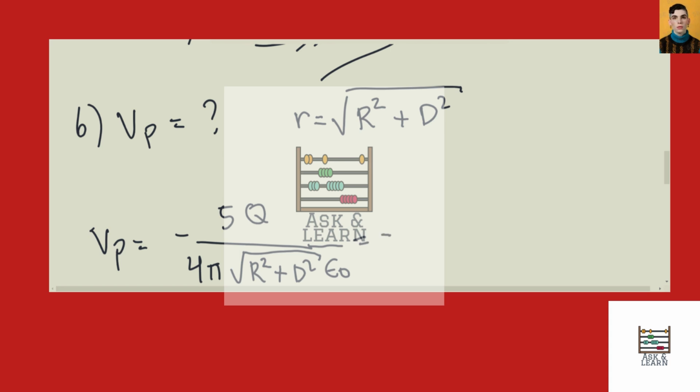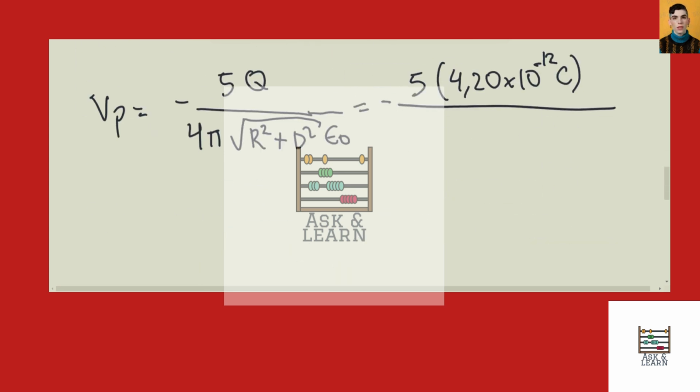So we just need to substitute again all of these values. We know that the charge is 4.20 times 10 to the minus 12 coulomb over 4 pi.